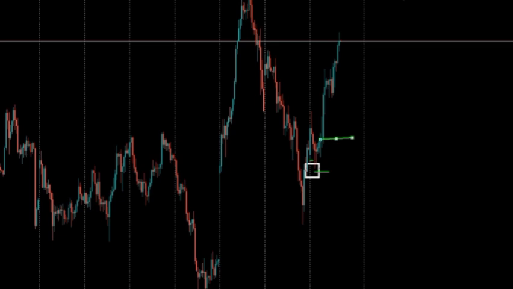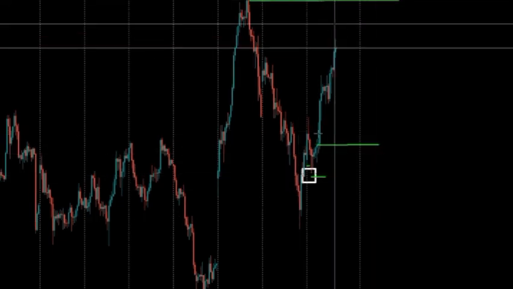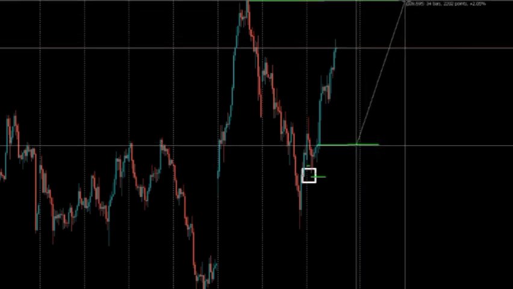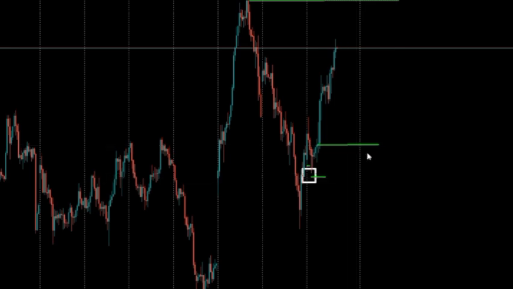You see, with this range, 1:5 risk to reward, this would be a good one in the market. But normally myself, I will just take 1:3 and allow the market to take the rest. So that is it.